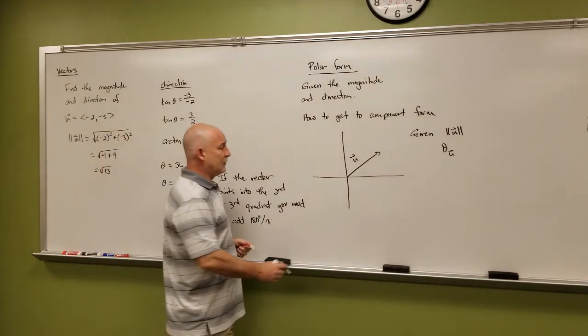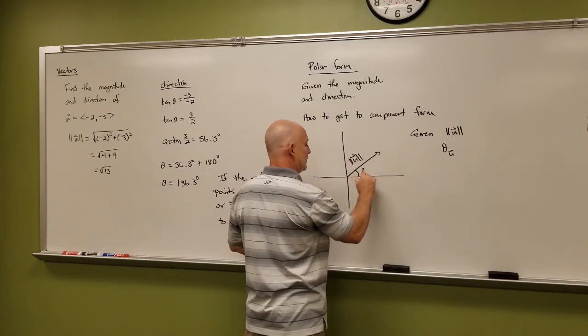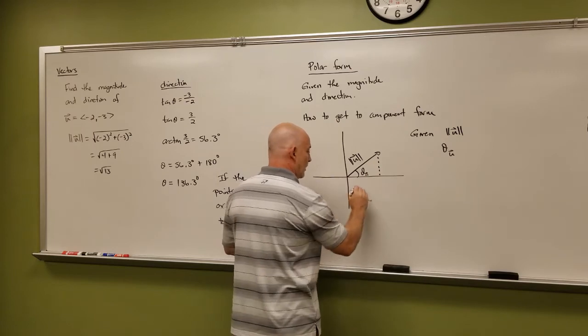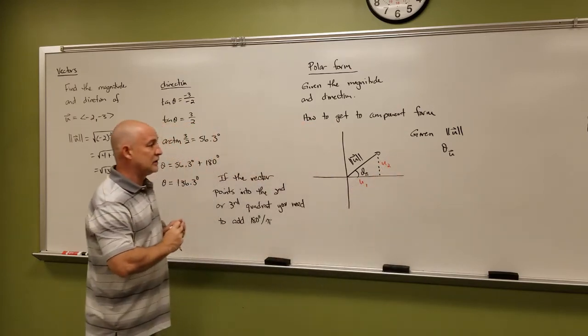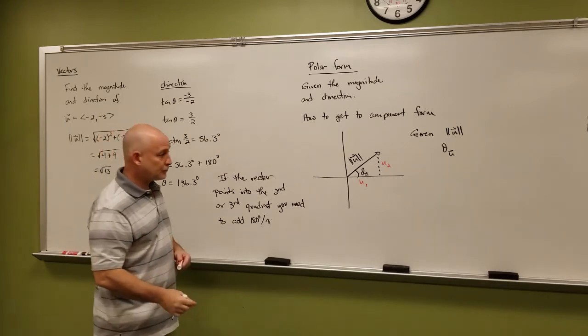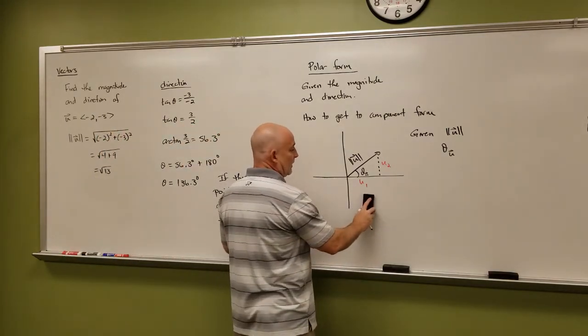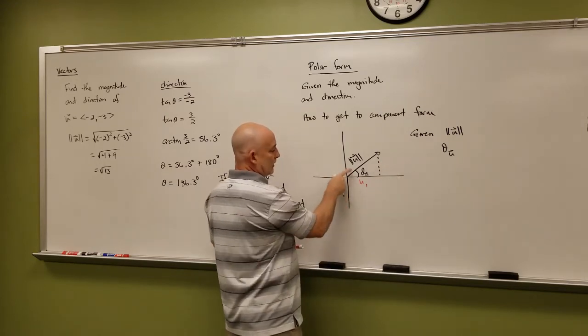So how could I figure this out if I know that side and I know this angle there? Remember, what are we trying to figure out? I want to know what u1 and u2 equal if I'm going to get this into component form. Since I'm looking for two things, let's go after them one at a time. Let's go after the x first. So what relates these three things?